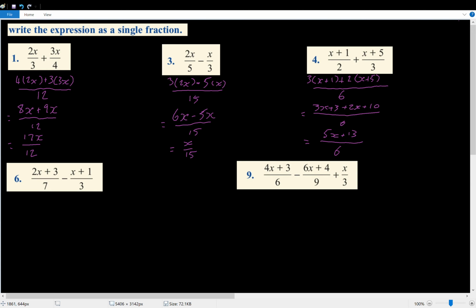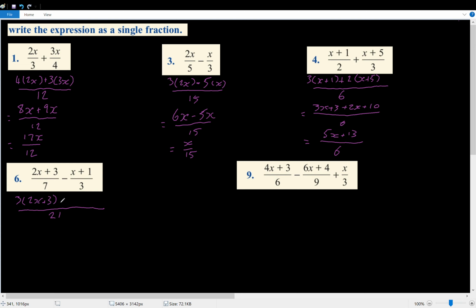Now question 6 is going to be similar to question 4, but this time we've got a minus in between them. So again, our lowest common multiple between the numbers on the bottom, between 7 and 3, is 21. And then 21 divided by 7 is 3, so multiply 3 by everything on top, so that's 3 by 2x plus 3.